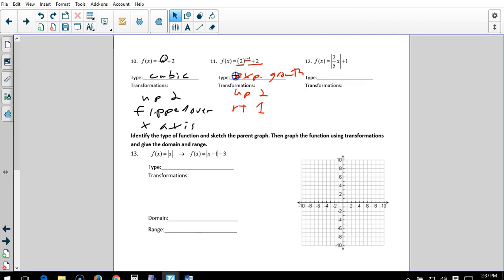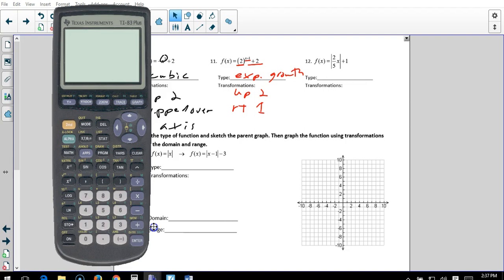So once again, your calculator, you can fast forward through these or to the end, same time, but we're going to practice this calculator. So 2 to the x is the parent function. There's your growth.